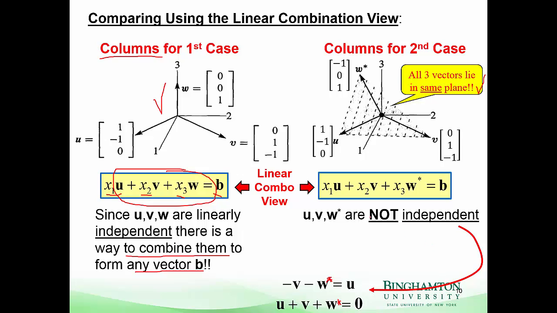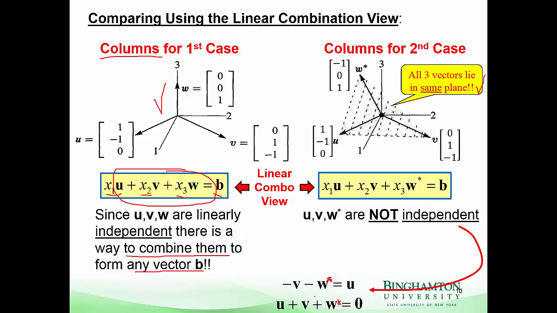U, V, and W star are not independent. Remember, our first inkling of that was they all lie in the same plane, three vectors in the same plane. But then we said a better way to think about that was, for each of the vectors, there's no way to build it from the remaining vectors.